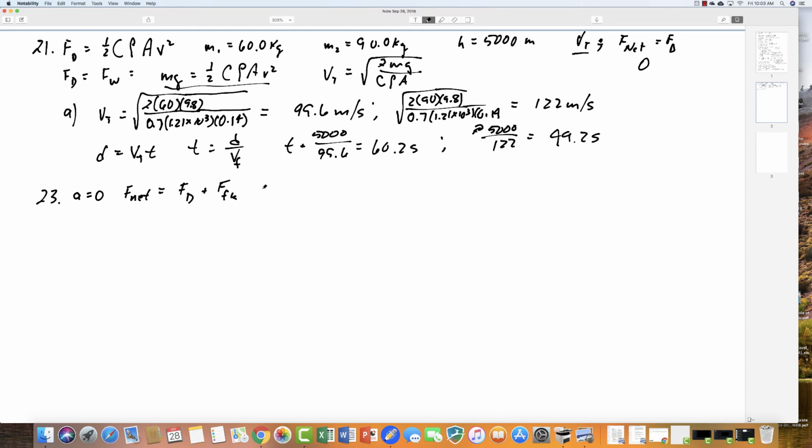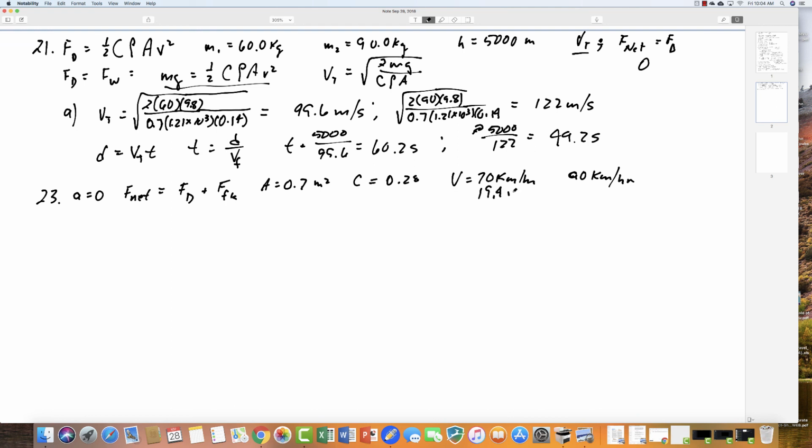In this situation, the cross-sectional area is 0.7, and the coefficient of drag for the first vehicle is 0.28. And the two velocities are 70 kilometers per hour and 90 kilometers per hour. And I converted both of these to meters per second because you need to do that.